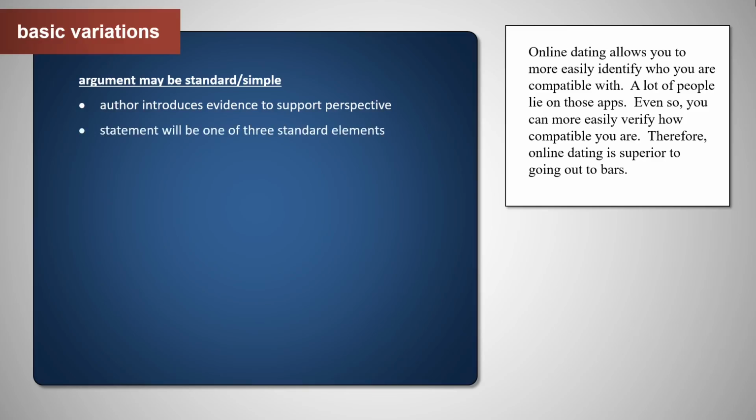And essentially, for these standard or simple arguments, the statement that you're going to be looking for will generally be one of the three standard elements. Maybe a premise, it may be a subconclusion, or it may be a conclusion. So here we have the premise that online dating allows you to more easily identify who you're compatible with. So if they ask you for that in the question, the correct answer would be that it provides support, essential support, or it's a premise of the conclusion, etc. The conclusion is online dating is superior to going out to bars.